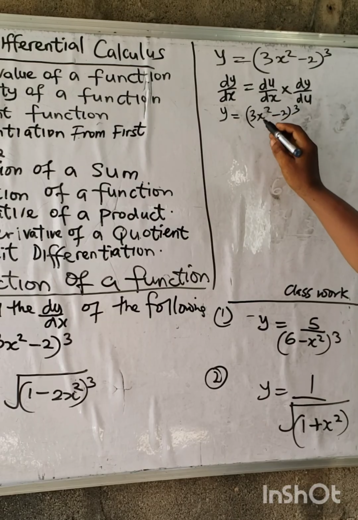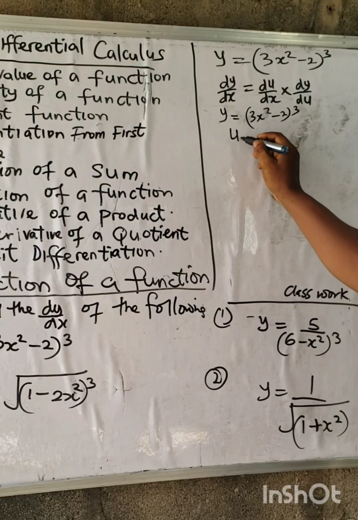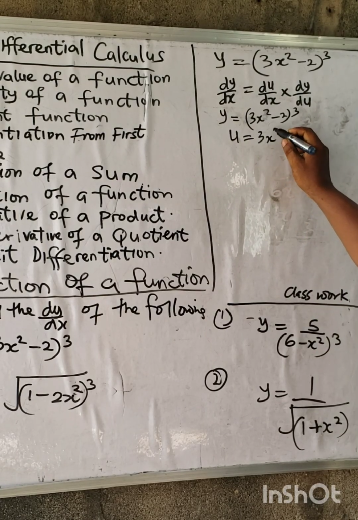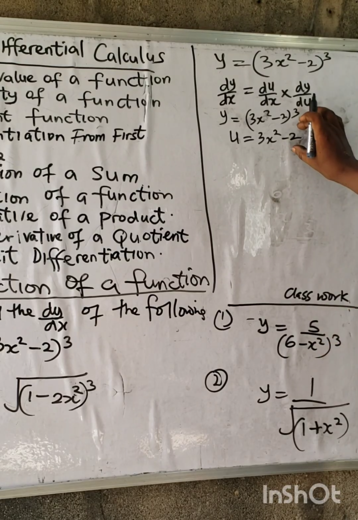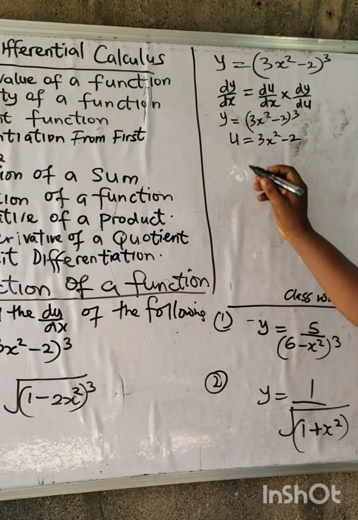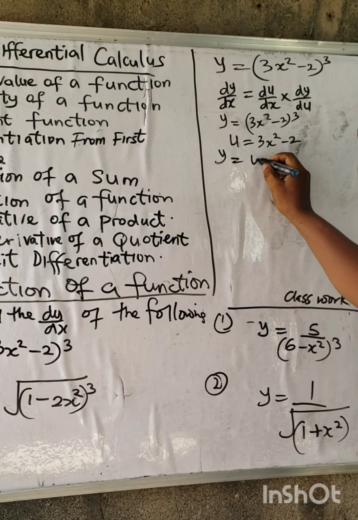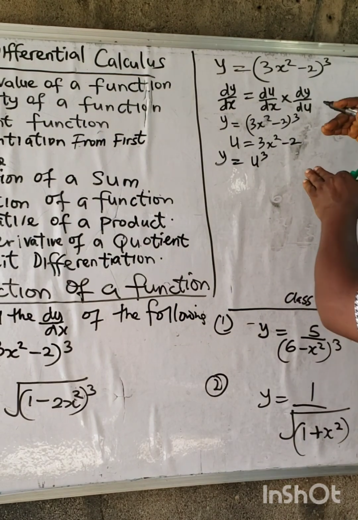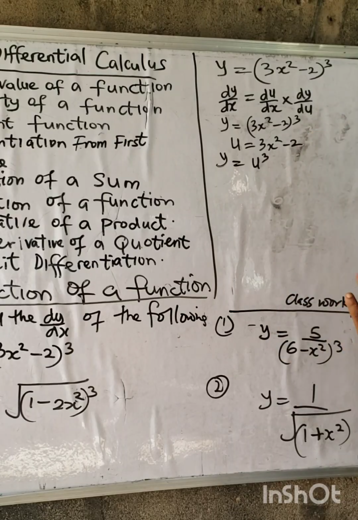They represent what is inside this bracket as u. u equals 3s raised to power 2 minus 2. Therefore, when we represent whatever is in brackets as u, our original y becomes u cubed. We now differentiate the two separately.